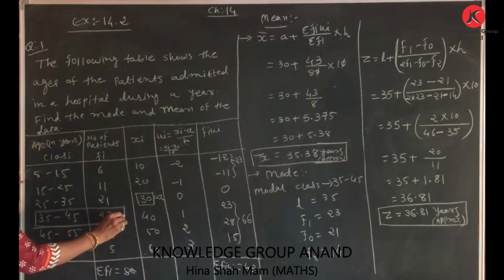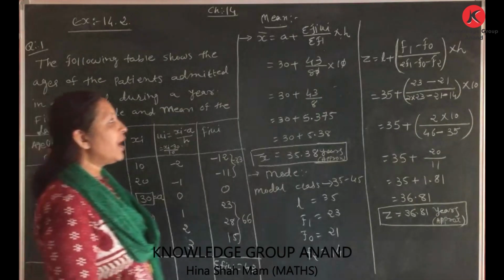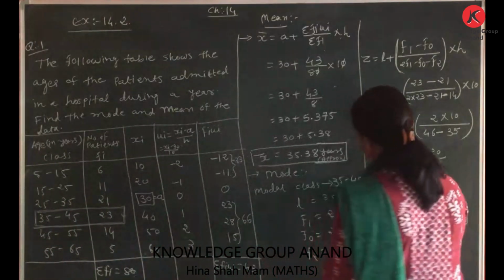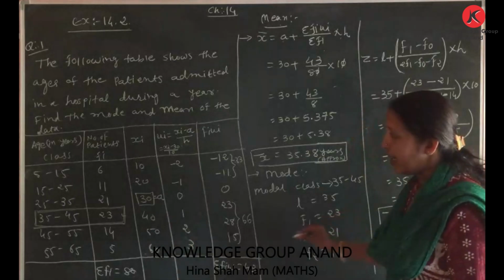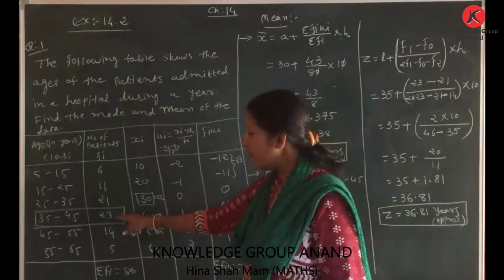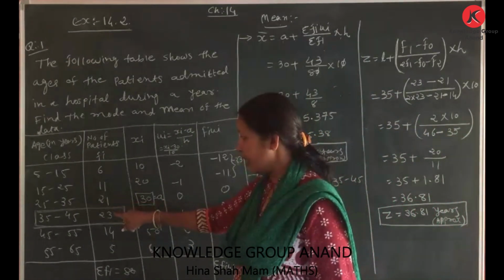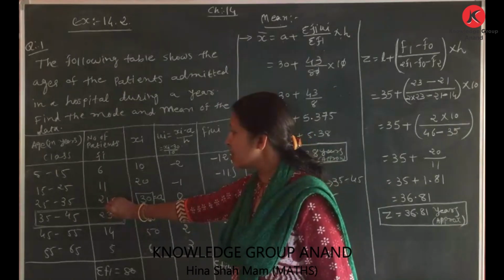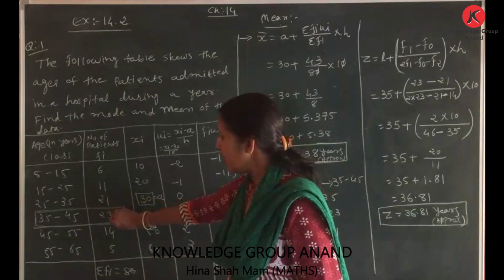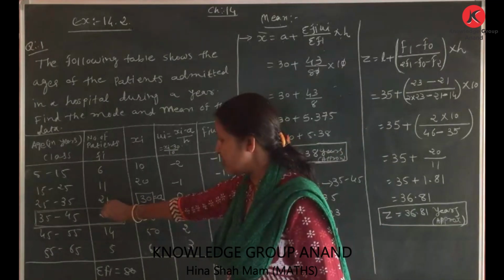Its frequency is called f1. f1 is equal to 23. f0, the previous frequency of the modal class, is 21.